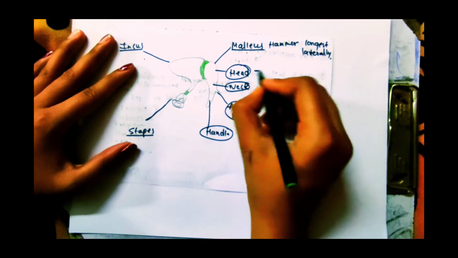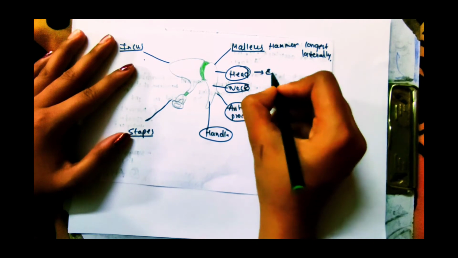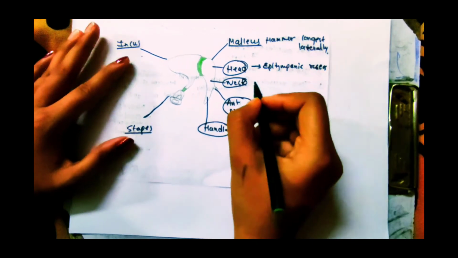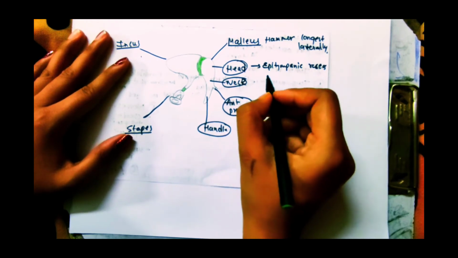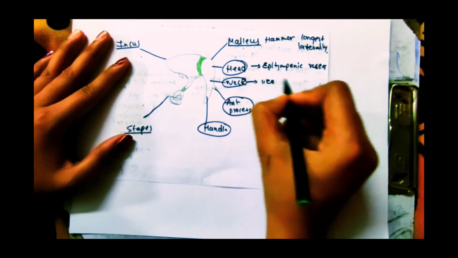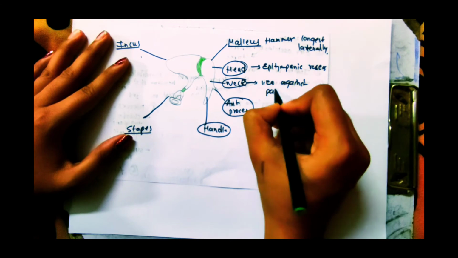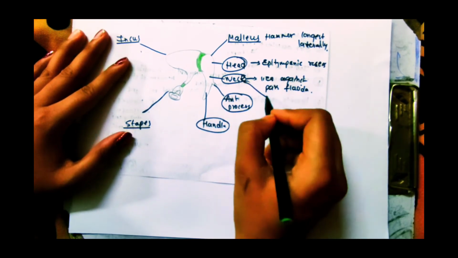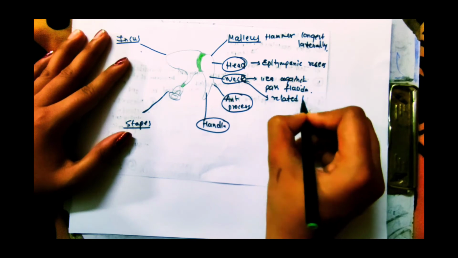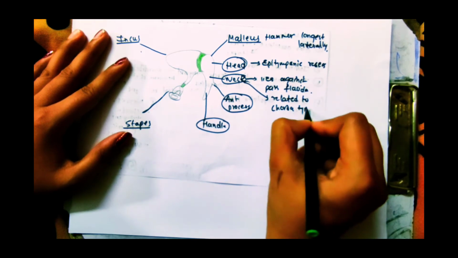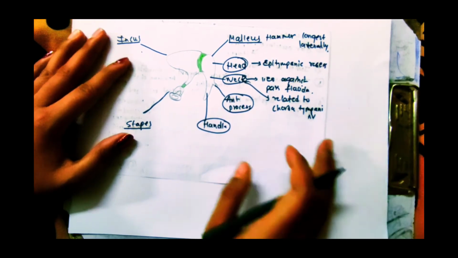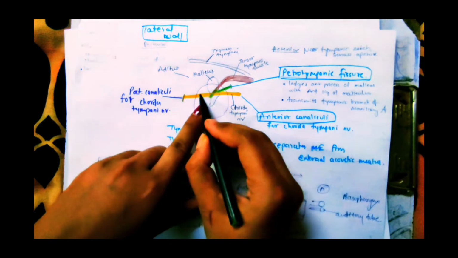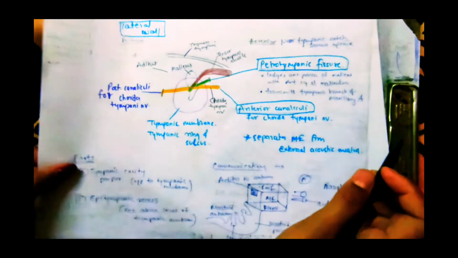This head lies in the epitympanic recess. This neck lies against the pars flaccida, and it is related to the chorda tympani nerve. Here you can see this neck is related to the chorda tympani nerve.